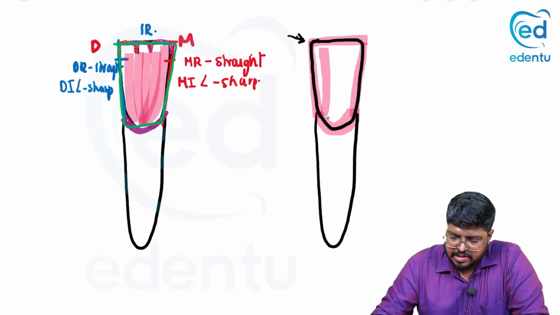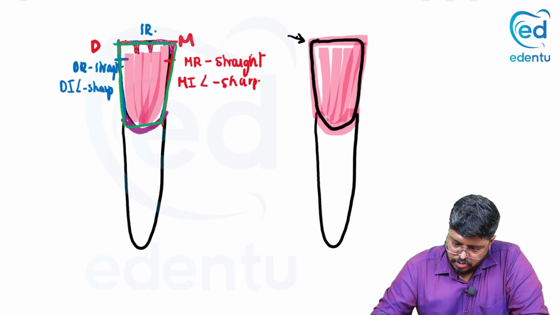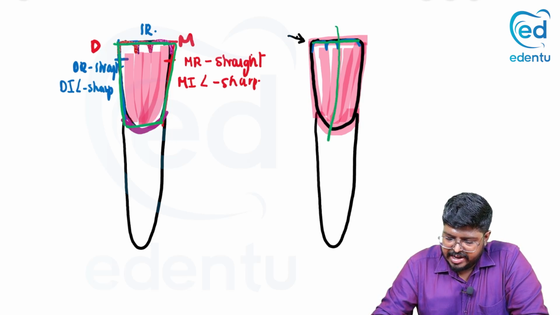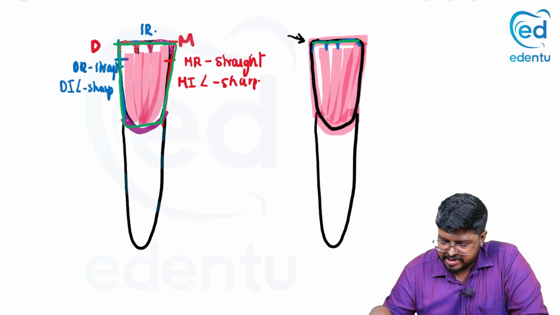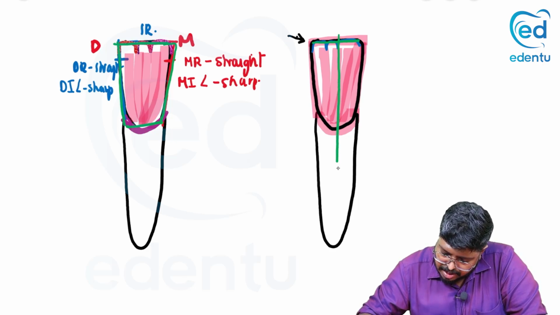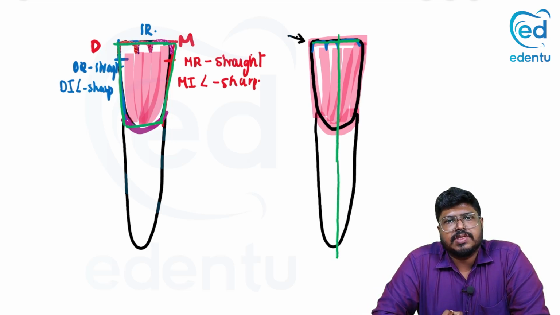The crown is labially convex, and you will see the presence of mamelons in newly erupted teeth, which are going to straighten out. Finally, they are entirely symmetrical, which means that when you divide it along the long axis of the tooth, you are going to find perfect harmonious symmetry between both halves.